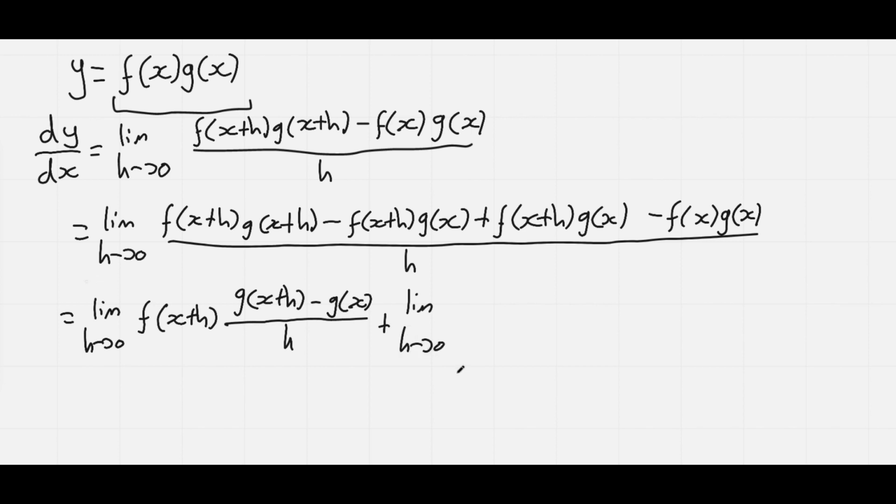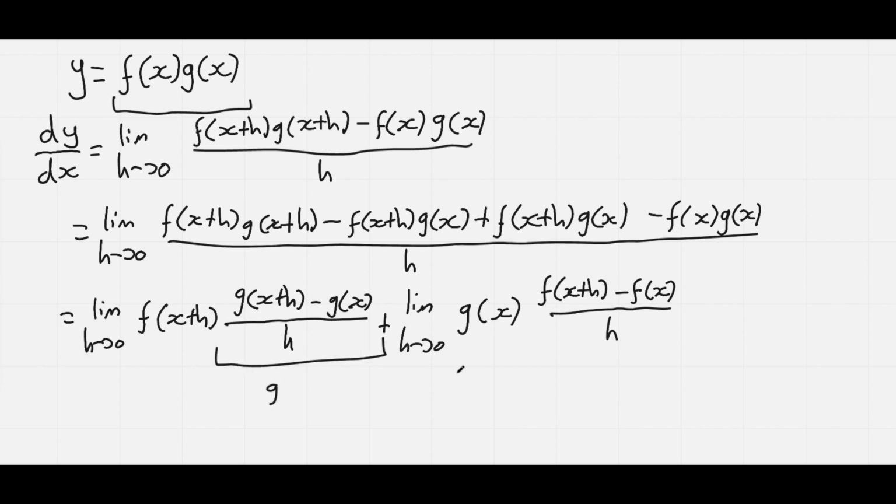We don't need to, we've already got the limit, but I'm just going to add another one here so it's more obvious. Limit as h approaches 0. In this case I can take a factor of g of x out. So I'm going to have f of x plus h minus f of x all over h. And hopefully you can see this is g prime of x, and this is f prime of x.